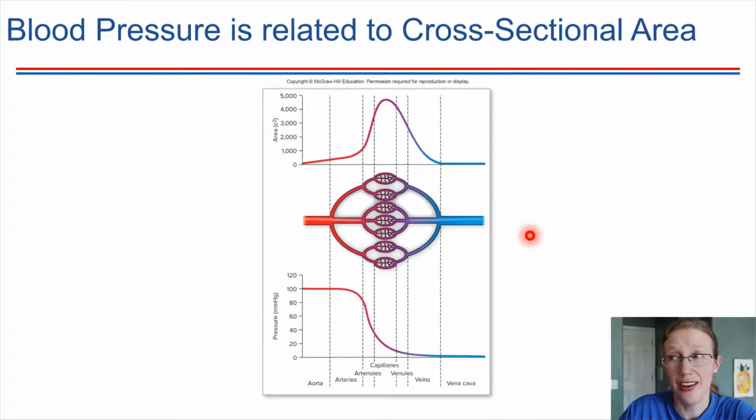So this just kind of goes back to helping to explain why it is that arteries are pressurized, veins are not. It's in part due to the presence of the capillaries. So this graph does a nice job of mapping out the pressure drop and then the cross-sectional area. So the capillaries, they're very small, but there are a lot of them. So in total, there's a high cross-sectional area at that point.